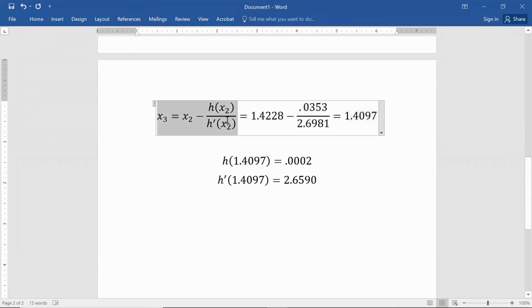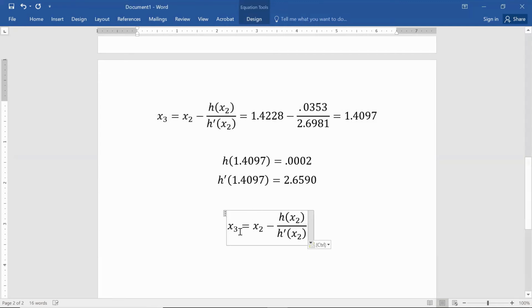You can imagine what's going to happen on the 4th iteration. Our better approximation is not going to change much.